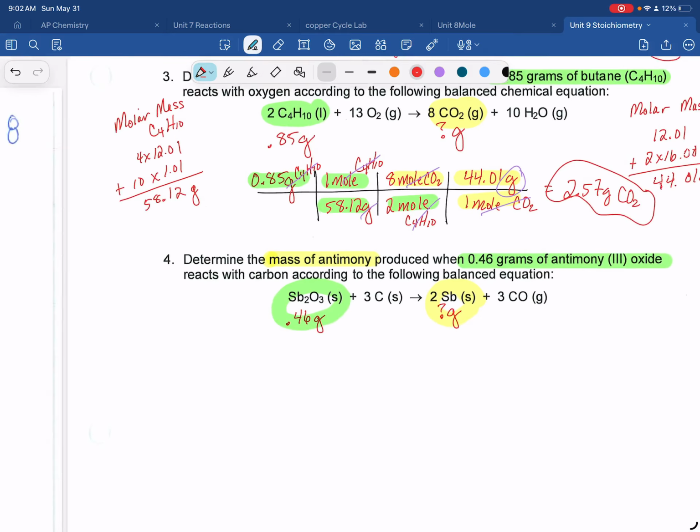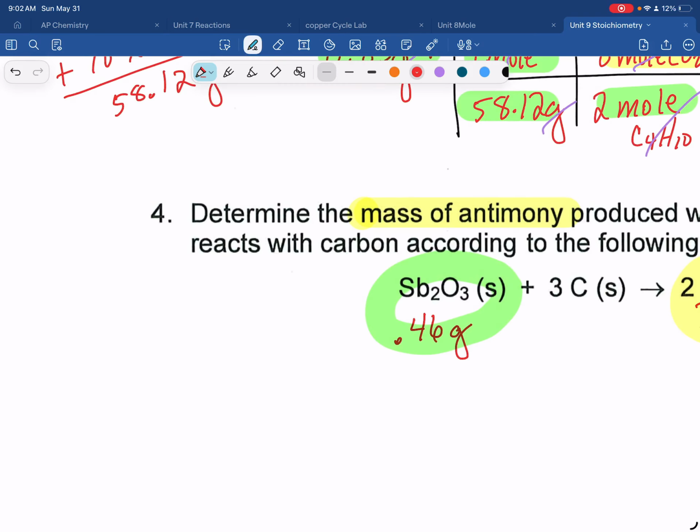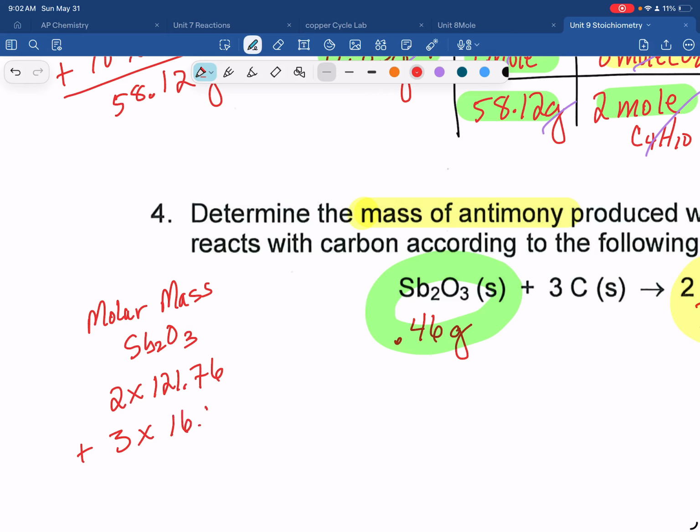Molar mass. Let's do the molar masses, because that has to come next. So the molar mass of Sb2O3, 2 times the mass of antimony, which is 121.76, plus 3 times the mass of oxygen, 16.00.